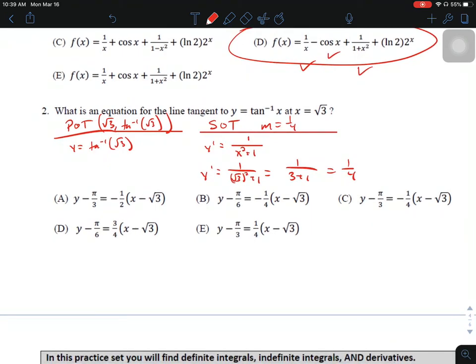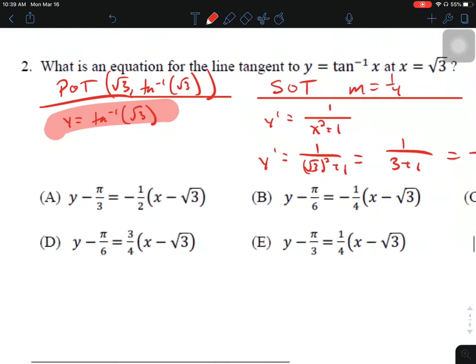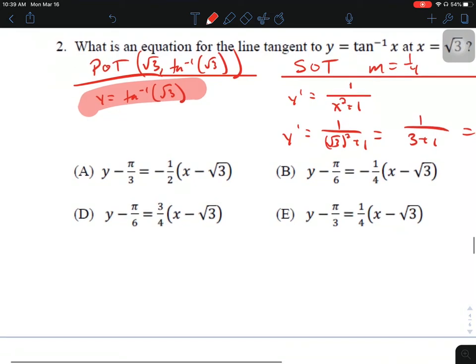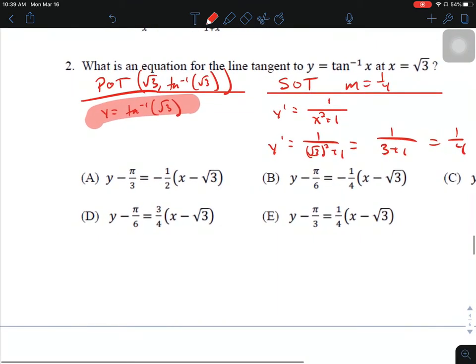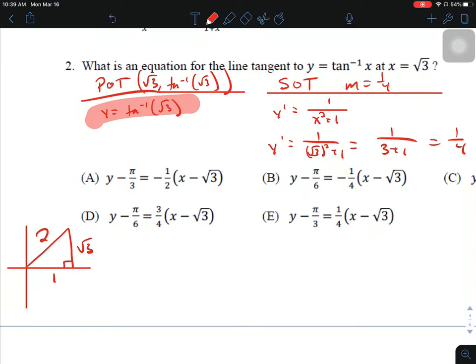If I look at my answers, I don't see tangent in any of the answers. So what that means is I need to figure out what tangent inverse of square root of 3 is. In quadrant 1, remember that tangent is y over x. So if y is square root of 3 and x is 1, that's a special right triangle, 30, 60, 90, which makes this 30 and makes this 60 in radians.